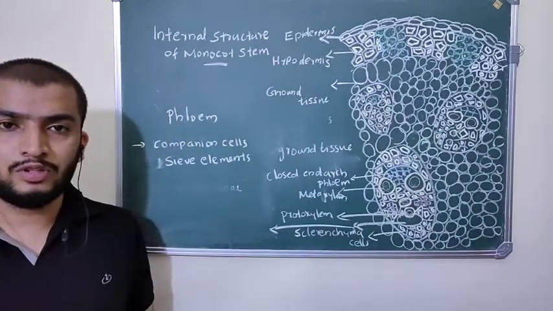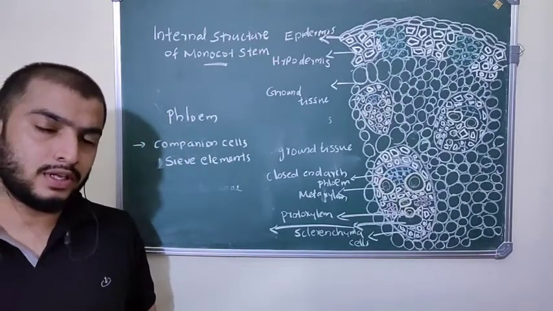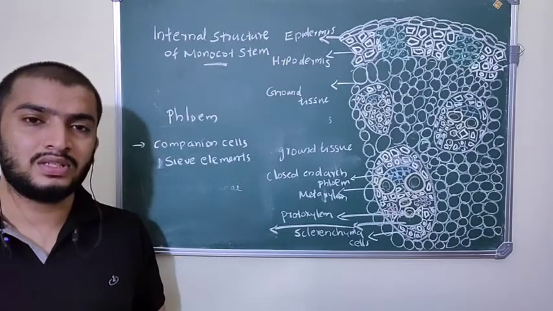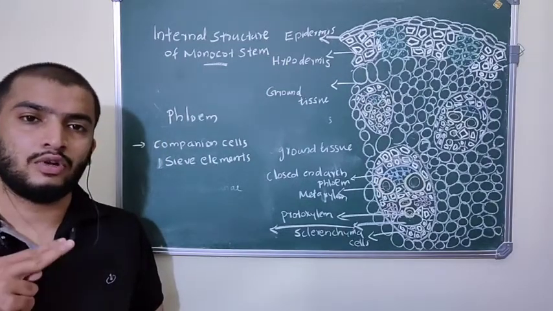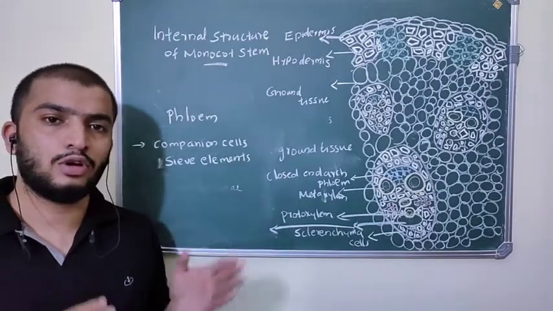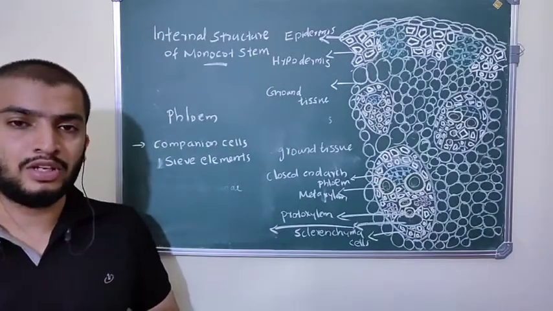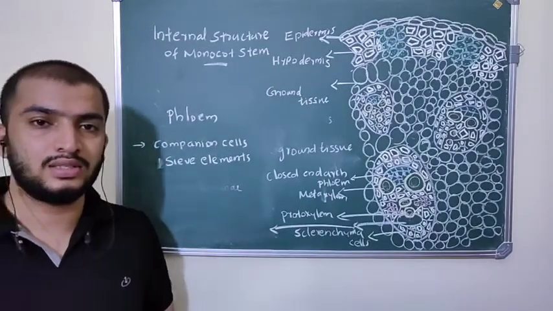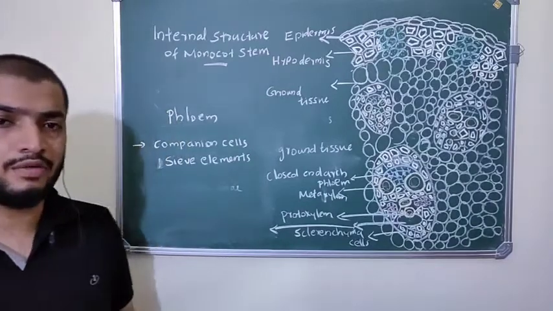Usually phloem tissue is made up of 4 types of cells: companion cells, sieve elements, phloem parenchyma cells, and phloem fiber cells. But in the case of monocot stem, the phloem tissue is composed of only 2 cells, that is companion cells and sieve tube elements.